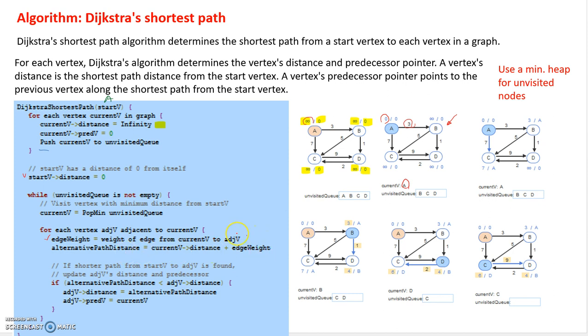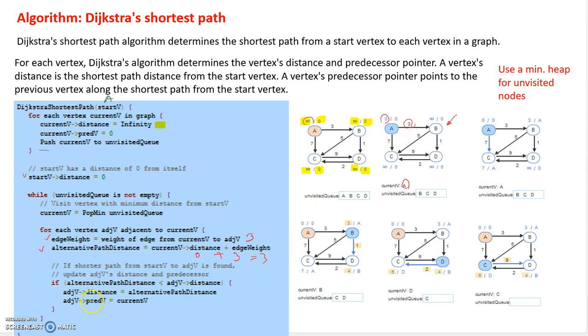Then we have this alternative path distance, which is equal to current V distance. Current V is A. What is its distance? It is 0, plus edge weight of 3. That gives us 3. So this alternative path value is really 3.